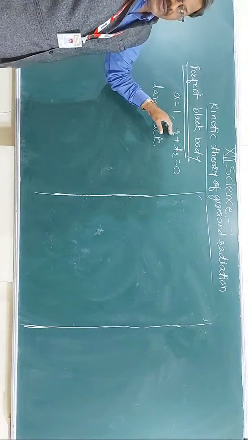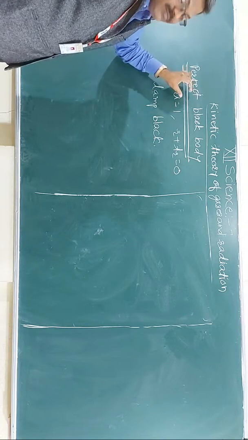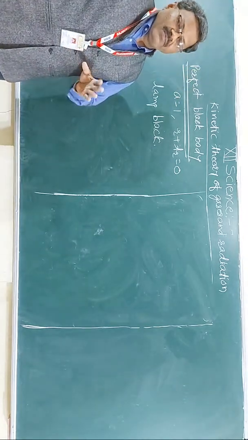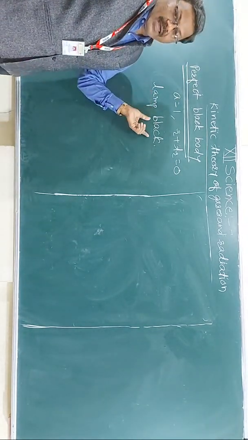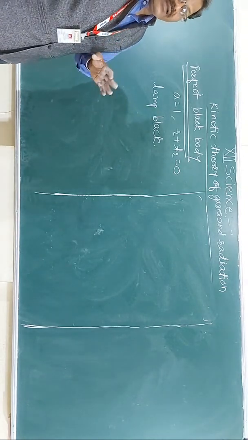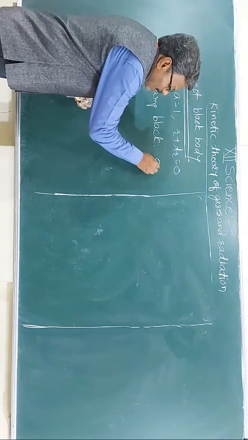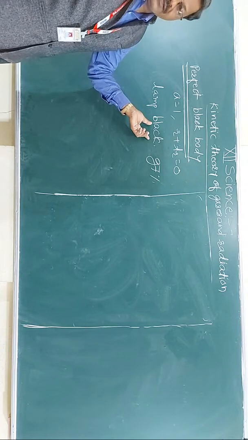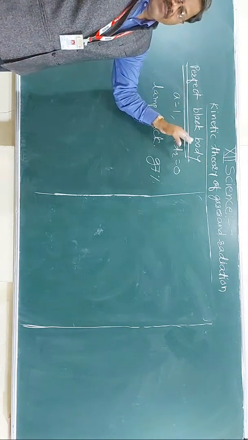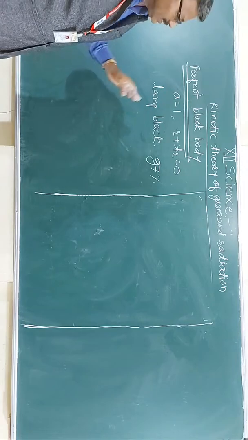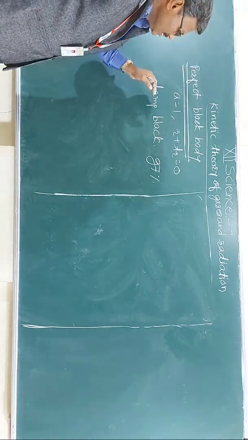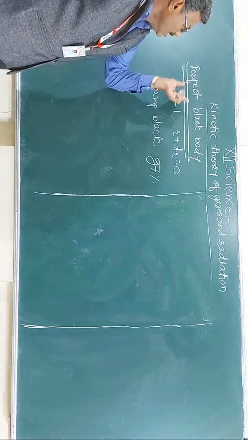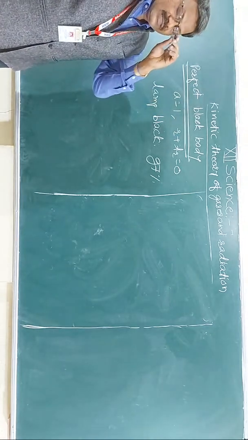And lamp black, actually this lamp black acts as the perfect black body. Now a number of perfect black bodies have been designed, but this lamp black absorbs near about 97% of the energy. For practical purposes, we use lamp black as the perfect black body, because a perfect black body does not exist in the universe.